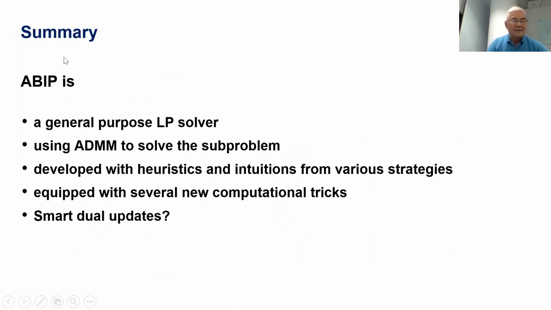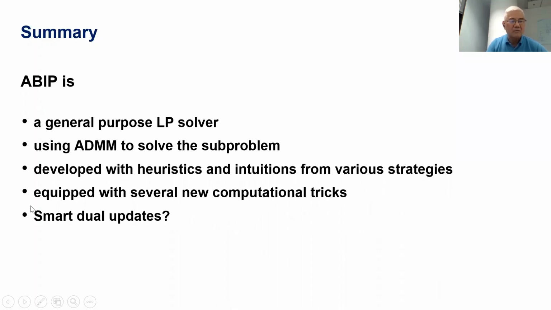So to quickly summarize, ABIP is a general purpose LP solver, or now conic LP solver, using ADMM to solve the subproblems, developed with a lot of heuristic intuition from various strategies, including scaling, including restart, and equipped with some new computational tricks.